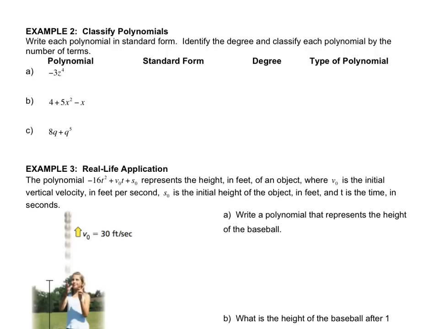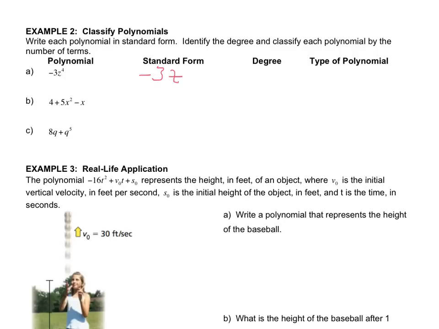So let's classify these polynomials. Write each polynomial in standard form. So we need to make sure that we are descending in our degrees. Identify the degree and classify each polynomial by the number of terms, and this is where your prefixes will come in. Looking at letter A, we have the polynomial negative 3z to the fourth power. Well, in standard form, it's already there.